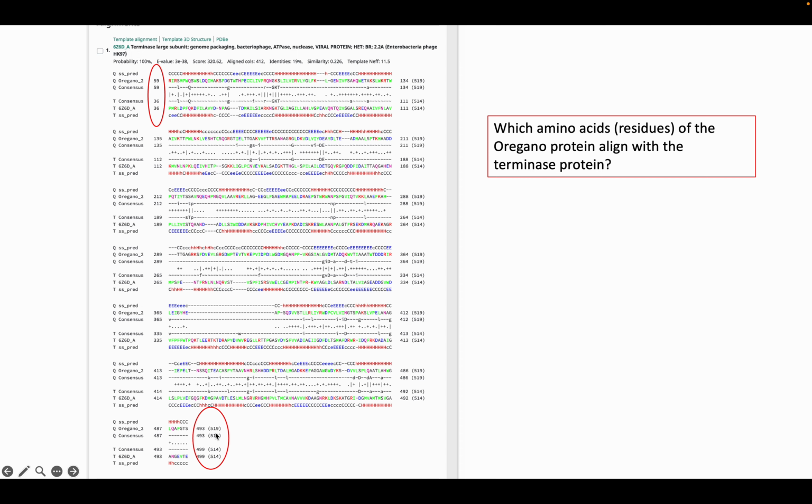And the number in the parentheses tells us the total number of amino acids in each protein. So this gives us a sense that our protein is aligning to most of the amino acids of the target protein. So this will be really important data to keep track of, the total coverage of the alignment.